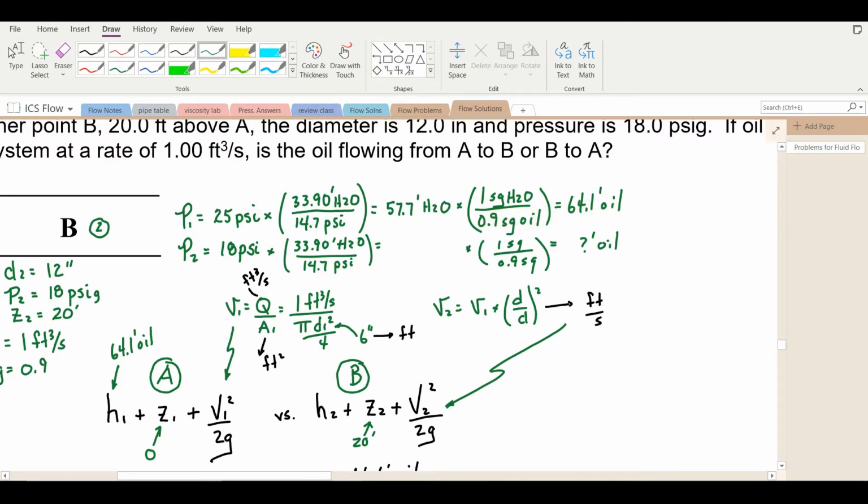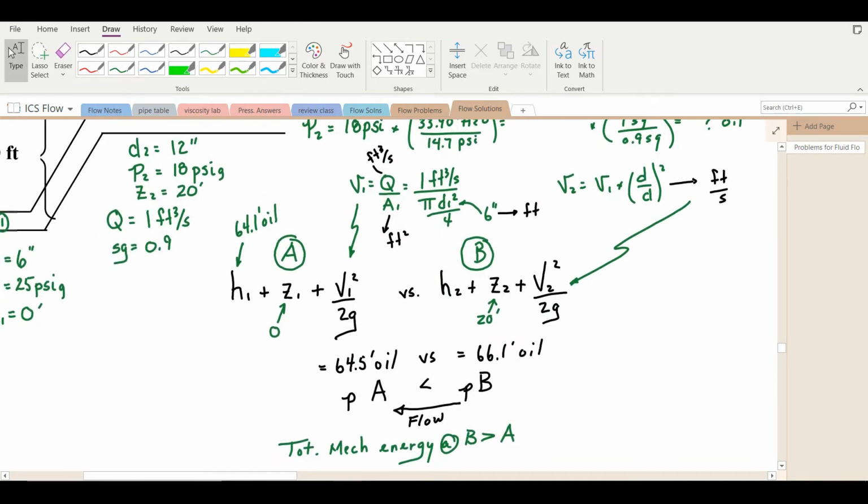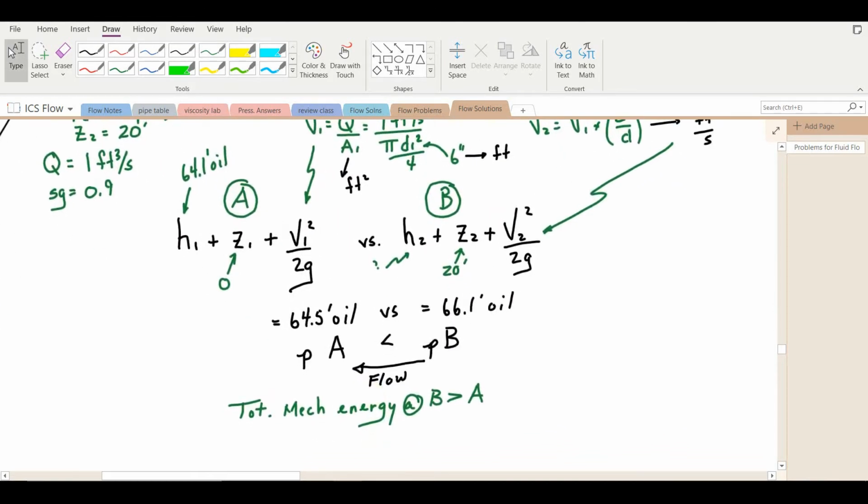I worked out the first one for you. You can work out the second one yourself. So this term here, pressure 1, is 64.1 feet of oil, and you'll get one here similarly for H2. Now, just to help you with the wrap-up, I went ahead and calculated the total mechanical energy at A, including elevation and pressure and velocity, is 64.5 feet of oil, versus the total mechanical energy at point B is 66.1.